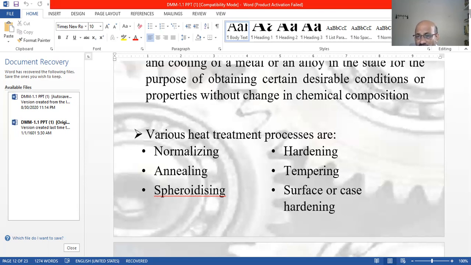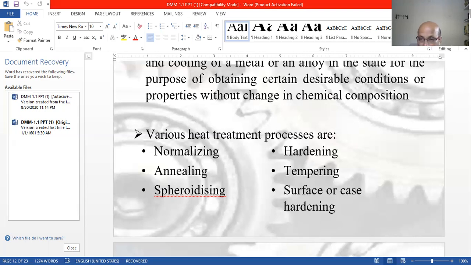Heating is from 730 to 770, but the rate of cooling is 25 to 30 degrees centigrade per hour. So spheroidizing of high carbon tool steels is very important.